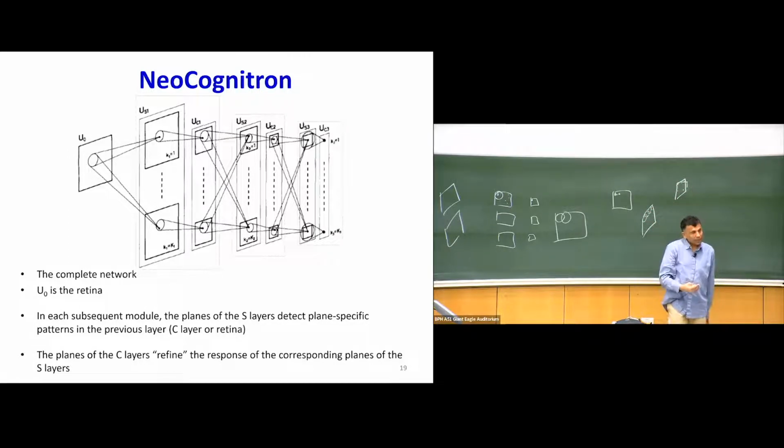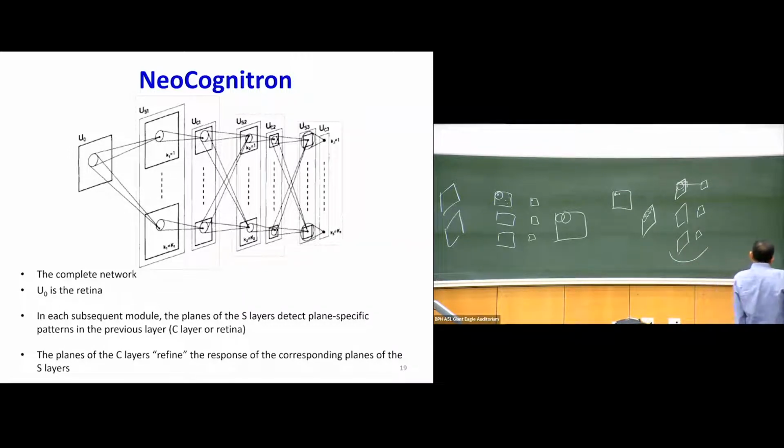And the different S planes all detect different patterns. Then you'd have several of these S planes in the first block, and some C planes, one corresponding to each S plane. This is the first block, where each cell is going to look at an elliptical region of the corresponding S plane, and it responds to the values within that elliptical region.